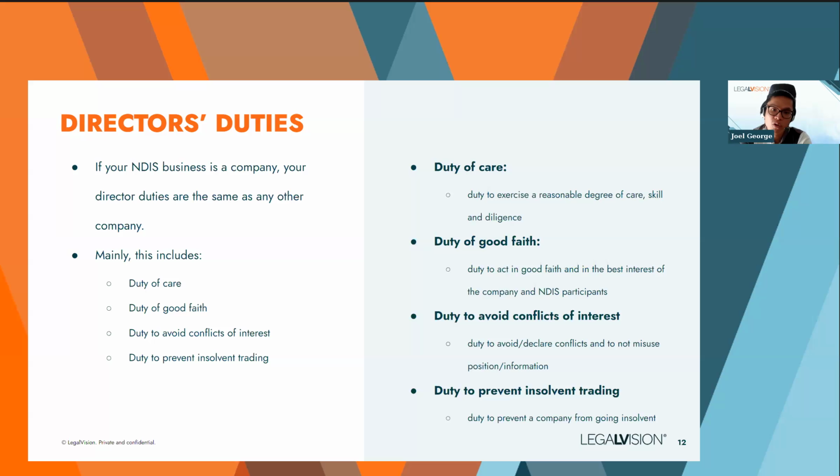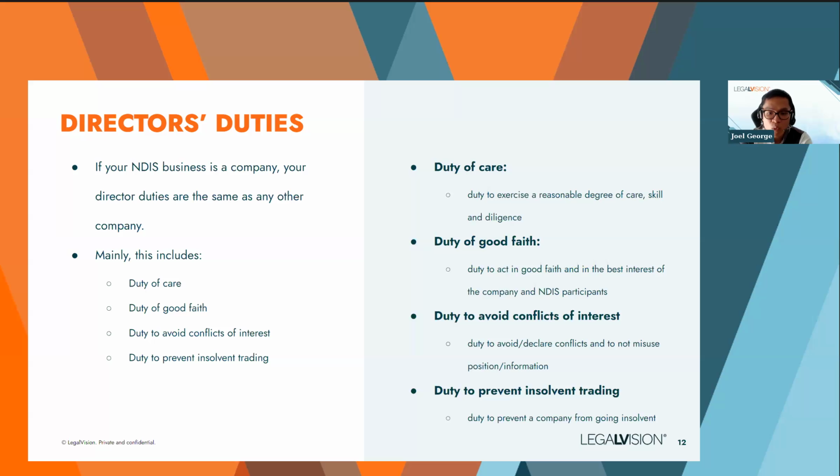The third of the big four is the duty to avoid conflicts of interest. This is the duty to avoid and to declare conflicts which may arise, and to also not misuse your position and the information you receive as a director. Now, this duty is fairly explanatory, I suppose, but remember, the directors and shareholders are separate from the company itself. So you cannot enter into transactions or deals in a way that favors yourself or your other businesses or your other companies, to the detriment of the one company.